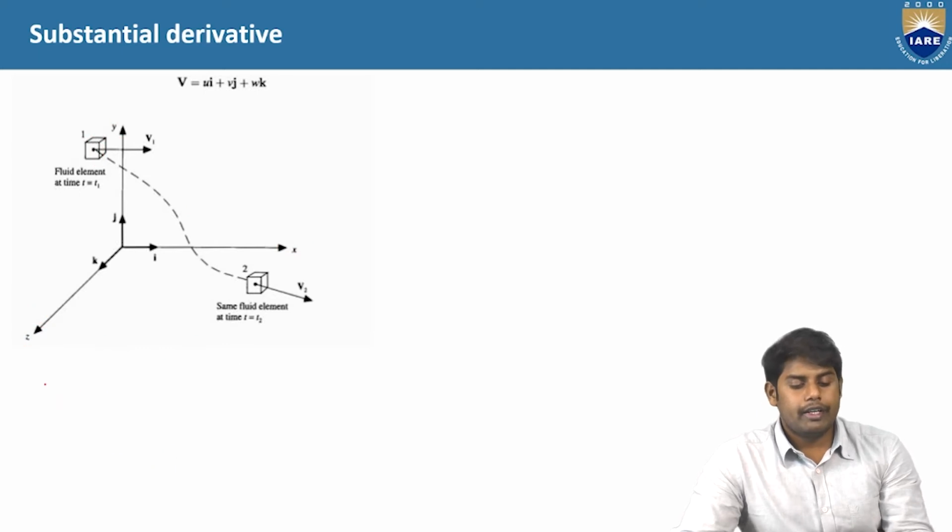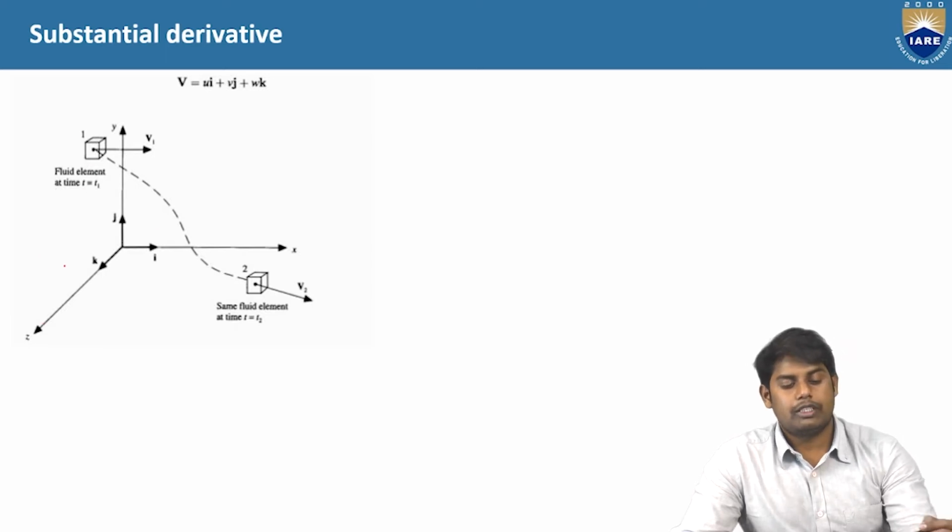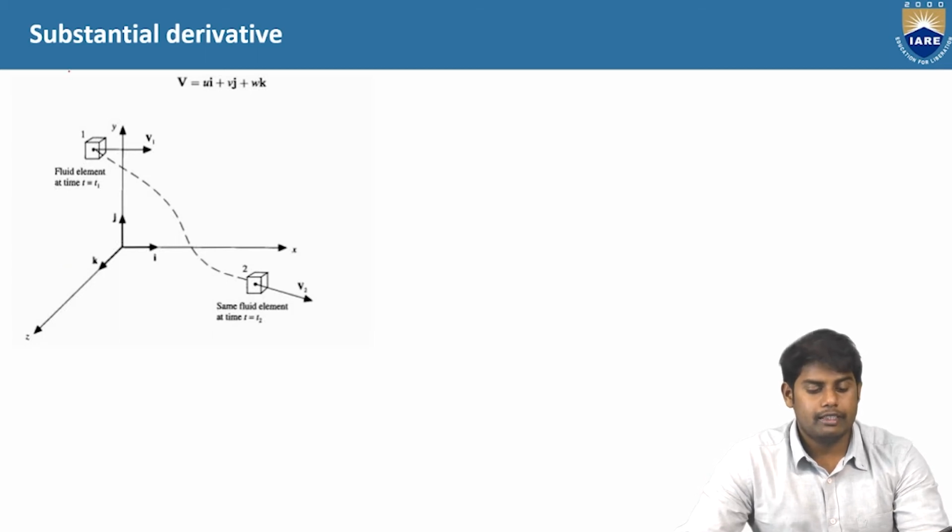Let's see how we derive the substantial derivative using this diagram. This diagram says that a fluid element is at some position 1 at time t equal to t1.